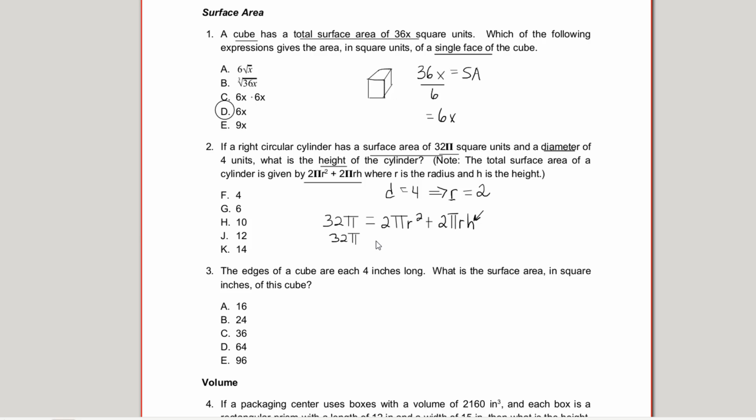We'll keep our 32 pi. It's equal to 2 pi r squared, r is 2, plus 2 pi, we're going to plug in 2 again, h. Continue to simplify. 32 pi is equal to, 2 squared is 4, and 4 times 2 is 8, so 8 pi plus 2 times 2 is 4 pi h.